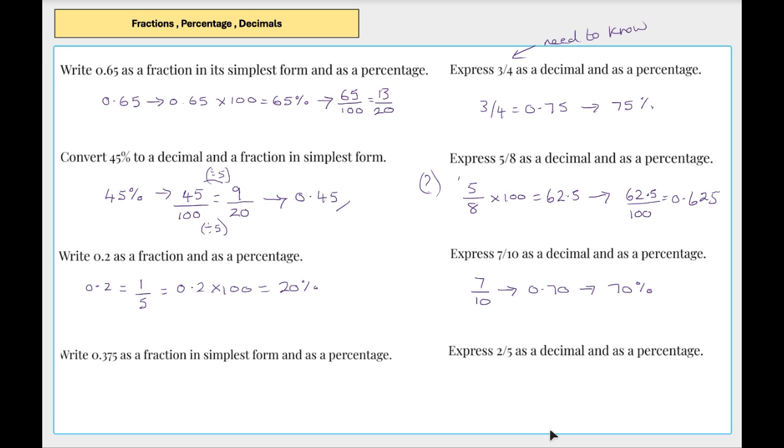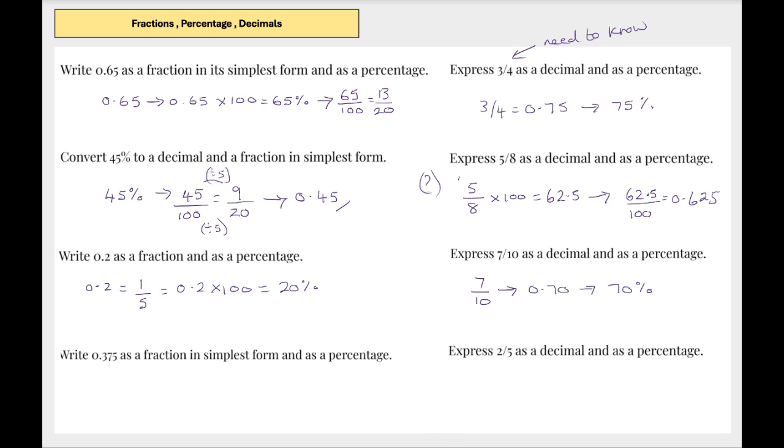The question asks us to write our decimal as a fraction in its simplest form and as a percentage. So what I'm going to do first is I think I'll do a fraction first. Since there are 3 digits after the decimal place, I'm going to divide this by 1,000.